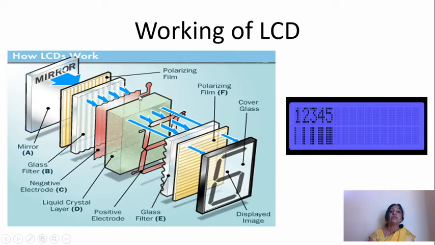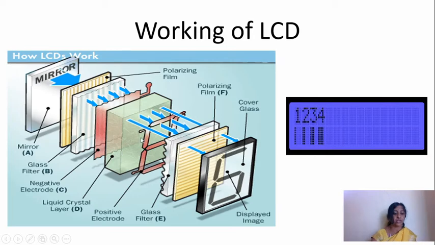We get the electrical signal based on the captured image or captured video. When you capture the video, it is in optical form. It is converted into an electrical signal, and that signal is passed to the electrodes. The liquid crystal molecules then change their orientation.